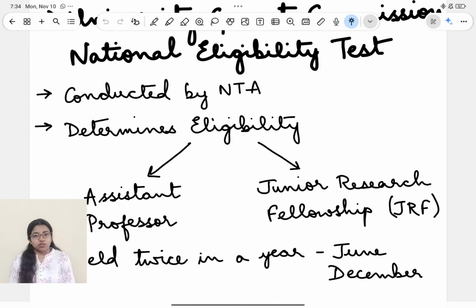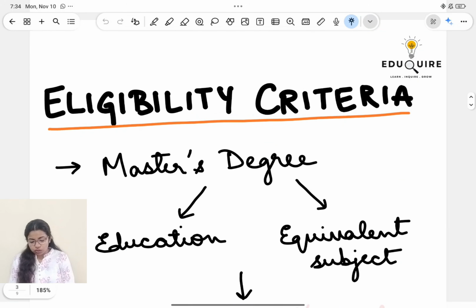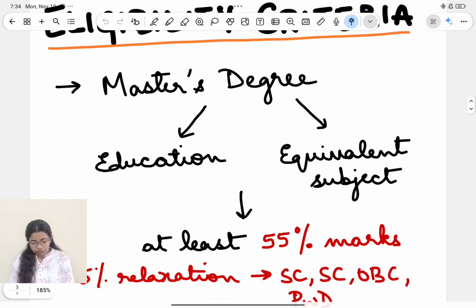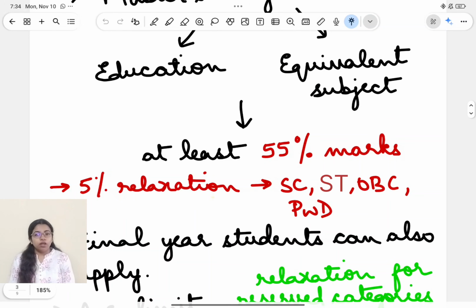Now that we know what is UGC NET, let us see the eligibility criteria. So you need to have a master's degree either in education or an equivalent subject with at least 55% of marks. There is a 5% relaxation for candidates belonging to SC/ST, OBC and PWD categories.